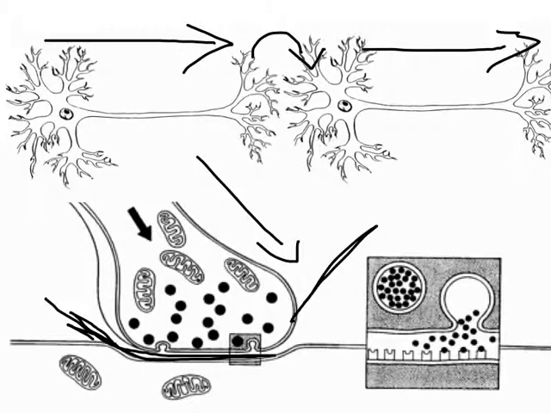Here's what happens. Step 1, the signal reaches the axon terminal. Step 2, this would be the presynaptic area, and this would be the postsynaptic area.